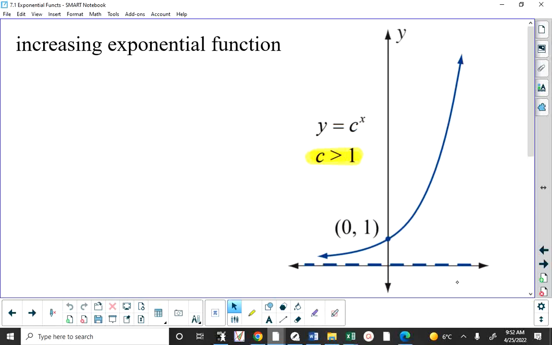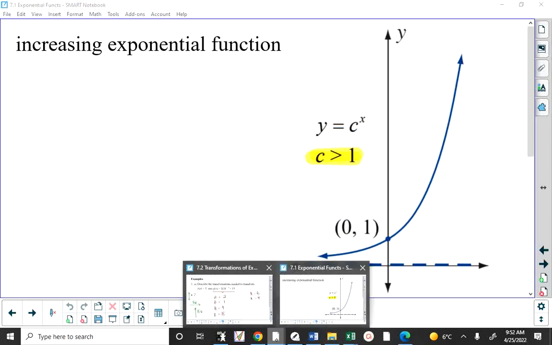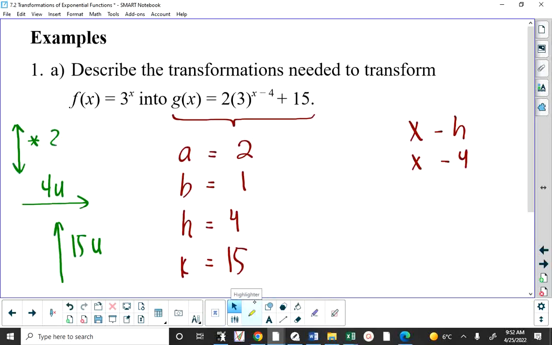So we end up with what's called a horizontal asymptote. As soon as I saw that this function is 3 to the x shifted 15 up, you should understand that that's where the horizontal asymptote will be.